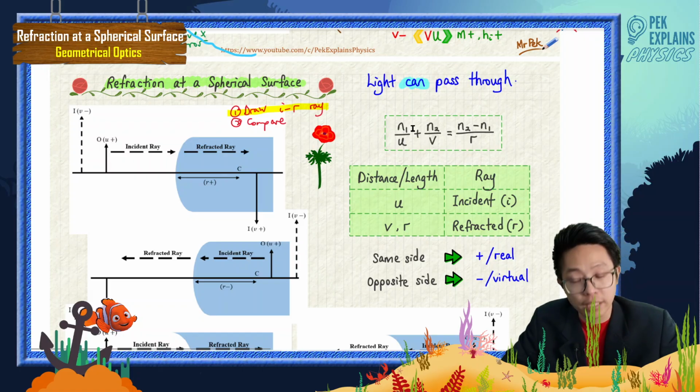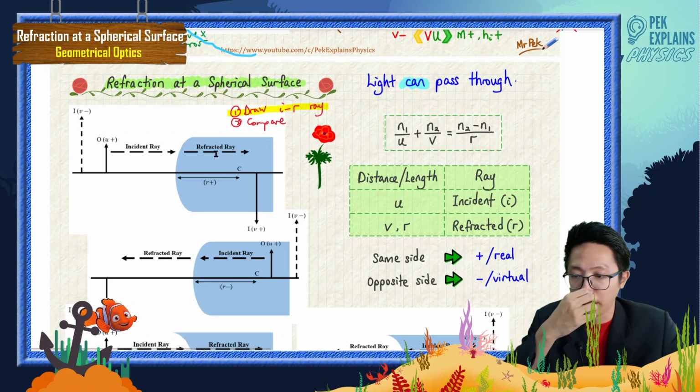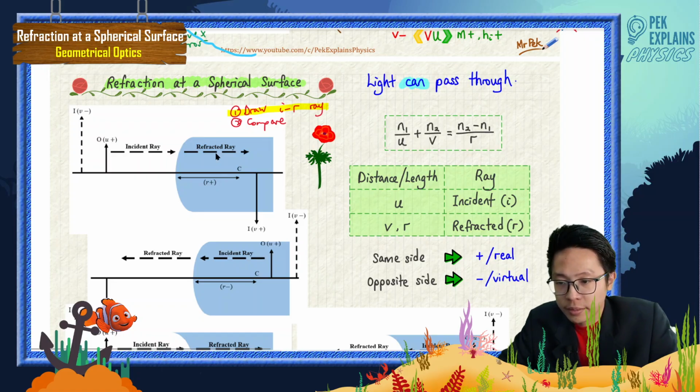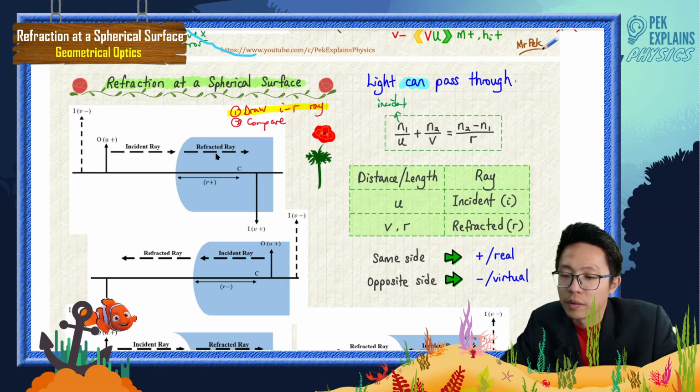N1 is the refractive index for the first medium, for the incident ray, and N2 is the refractive index for the refracted ray.